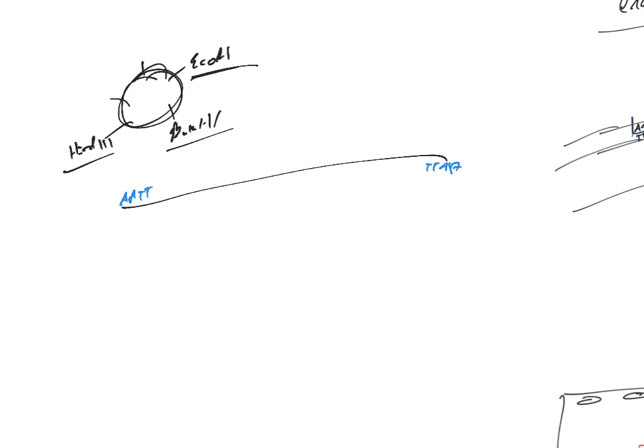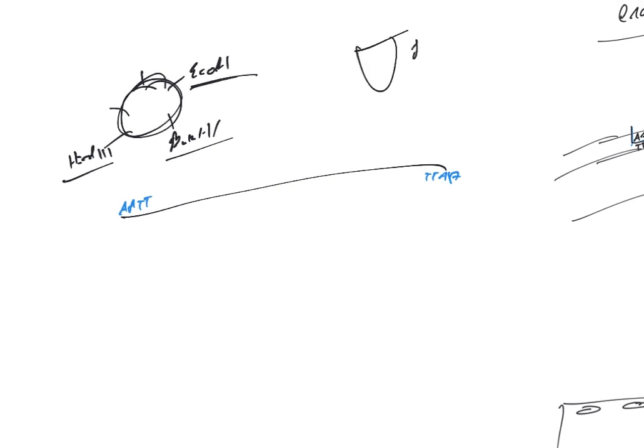Now I take my PCR product. Here's my PCR amplified gene. Now what I do is I cut that baby with the exact same enzyme. So I cut this guy also with EcoR1. So now I have a piece of DNA that also has AATT.